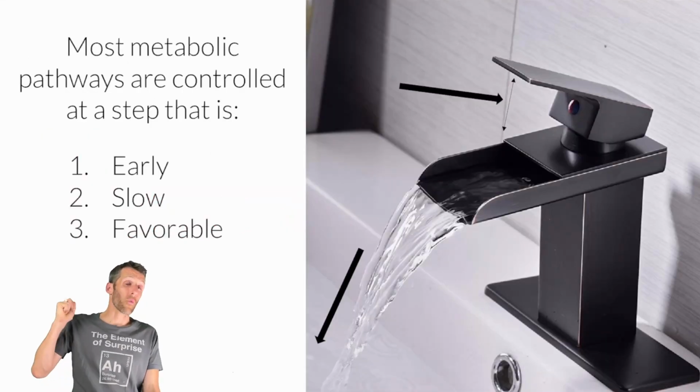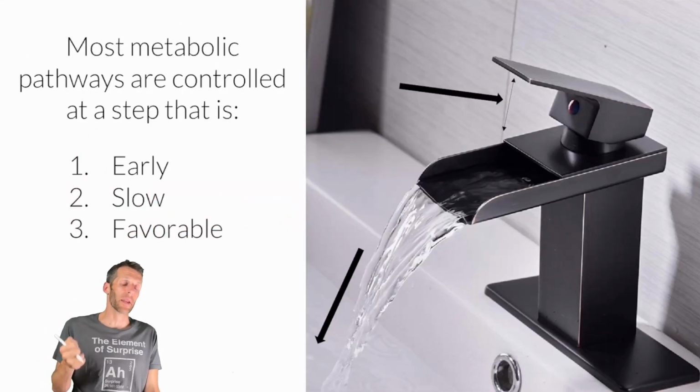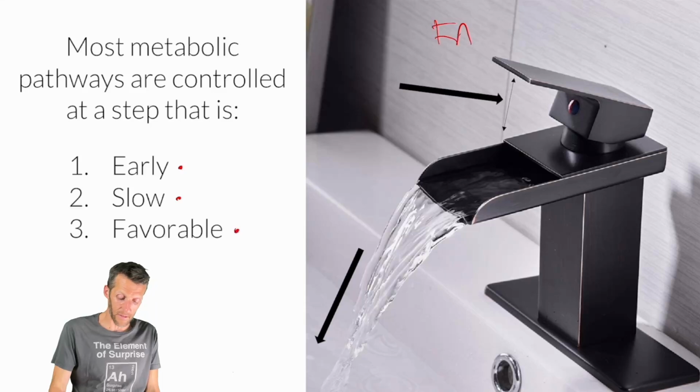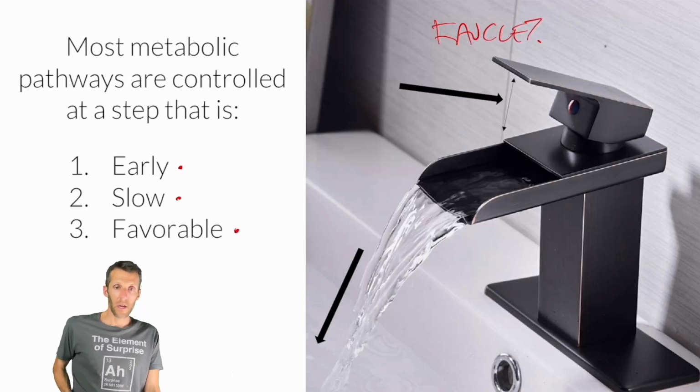This illustrates a really important thing about metabolic control: most metabolic pathways are controlled at a step that is early, slow, and favorable. And what this basically does is it turns these steps into a faucet. It's early in the sense that the faucet is the start of the water flow.